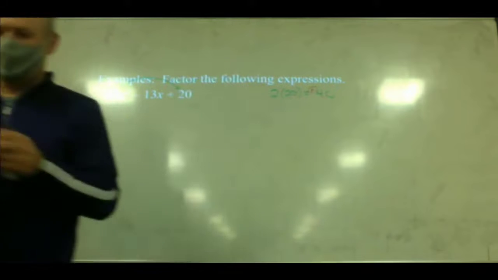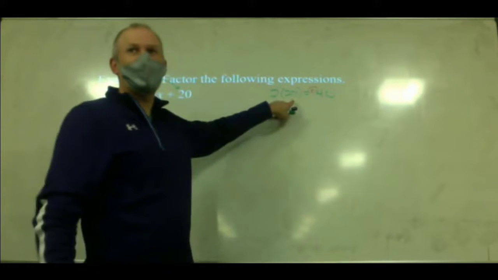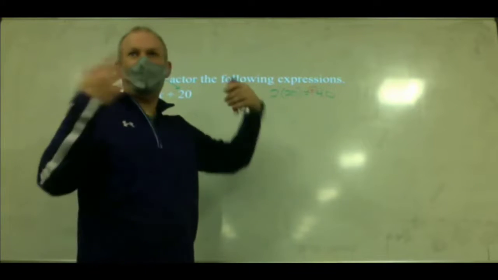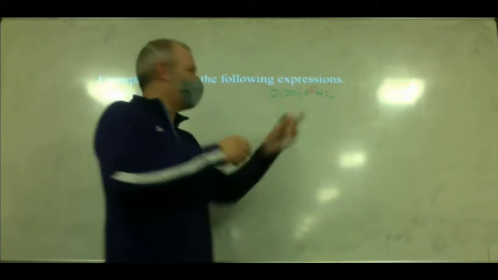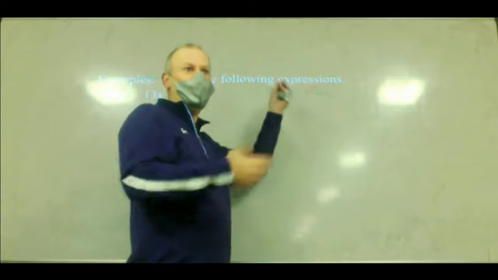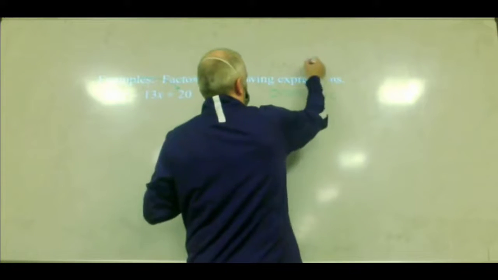What does that tell us about the signs of the numbers that we're looking for? Same. They're the same, either both positive or both negative, right? If they multiply together to be a positive, it could be like this where they're both positive, or it could be that they're both negative. When this is a negative, we have different, but when it's a positive, we have the same signs. So either both positive or both negative.